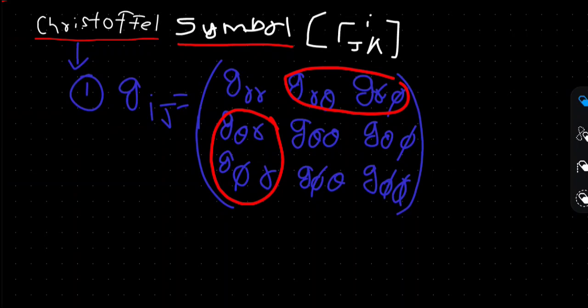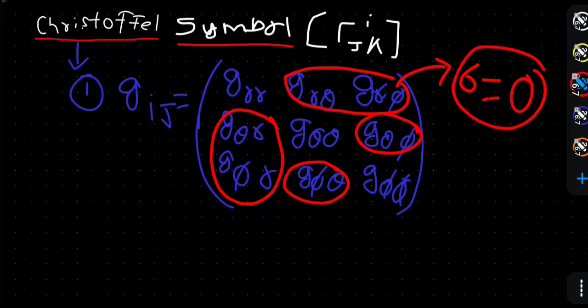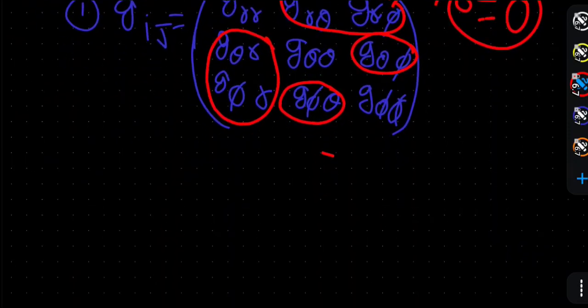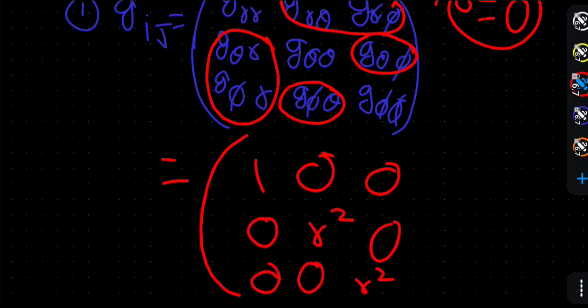These components, 1, 2, 3, 4, 5 and 6: out of 9, 6 components of the metric tensor are equal to 0. Only the 3 diagonal components have some value in polar coordinates, which is equal to: 1 0 0, 0 r squared 0, 0 0 r squared sine squared theta.